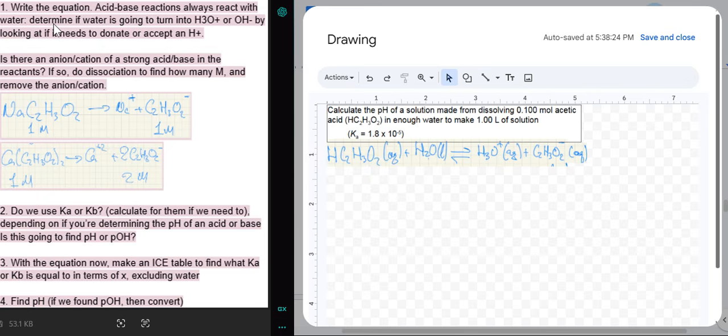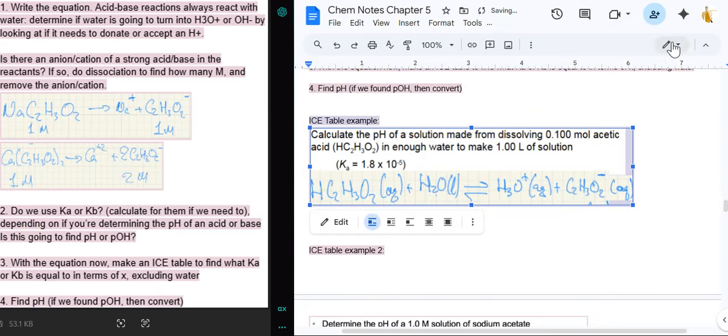And step one, during writing the equation, we check if there's an anion or cation of a strong acid or base in the reactants. Do we? Is H plus a cation of a strong acid or base?